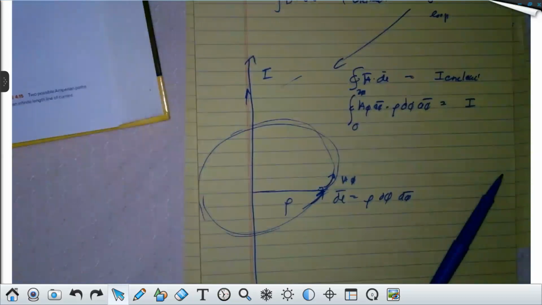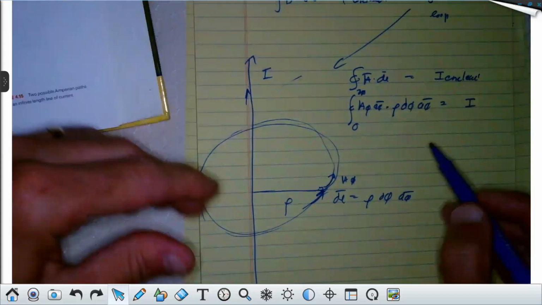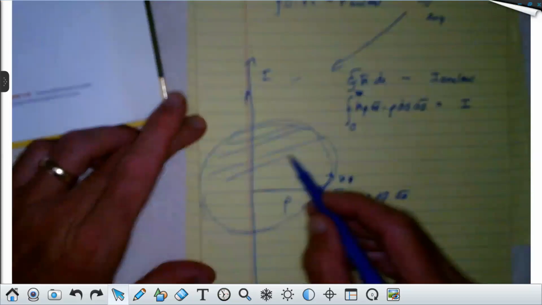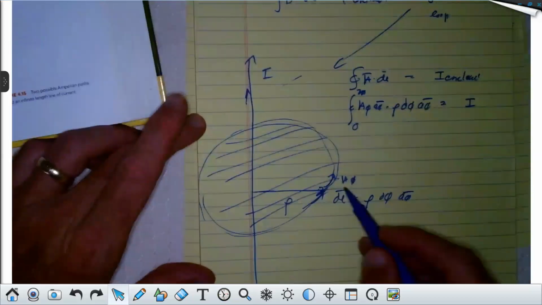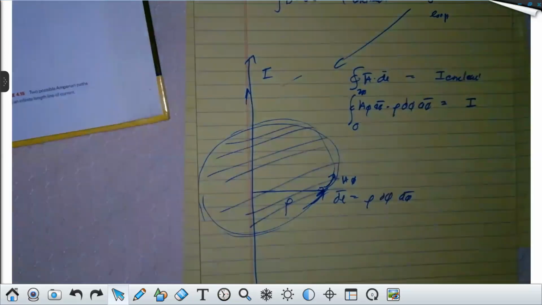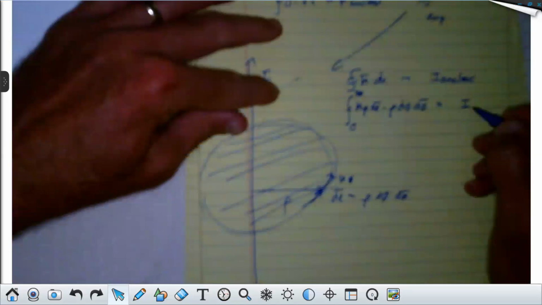So when you look at this, if you actually filled in this surface, made it a planar surface, all the current that's piercing that surface normally would be inside the radial distance rho. That's this I enclosed right here.